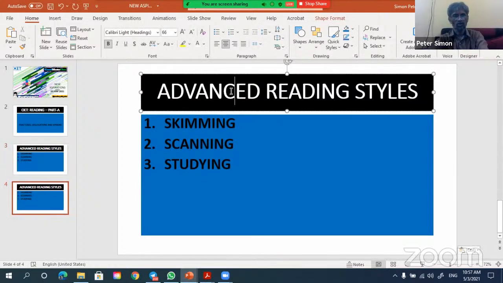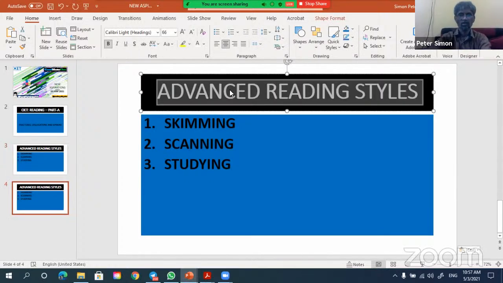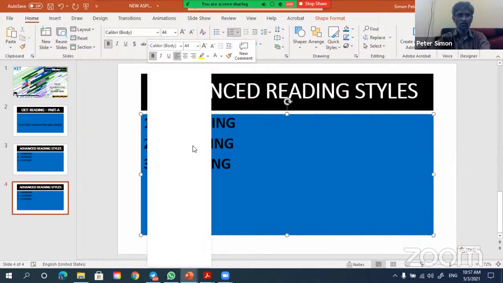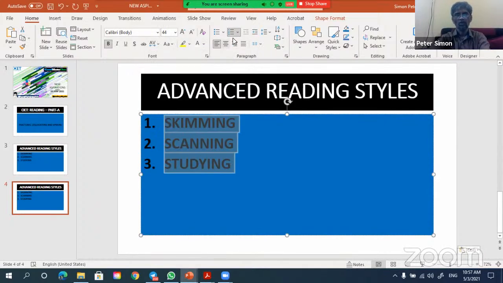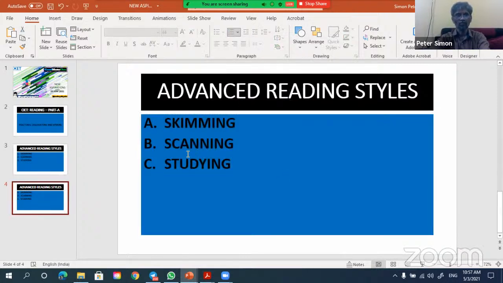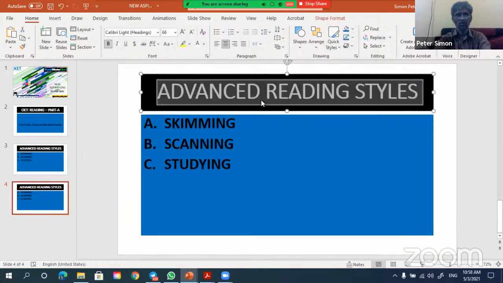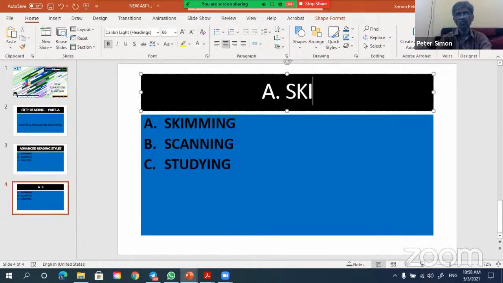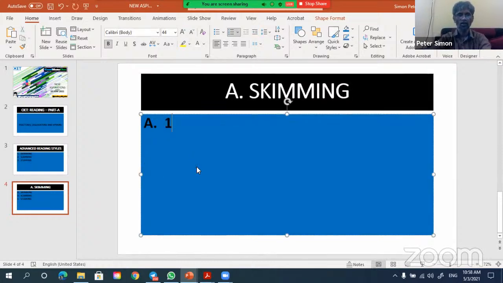So the first one, we can say ABC. If we are taking ABC, the first one is A, skimming. In skimming, you have two steps.